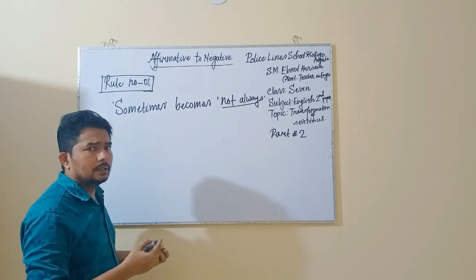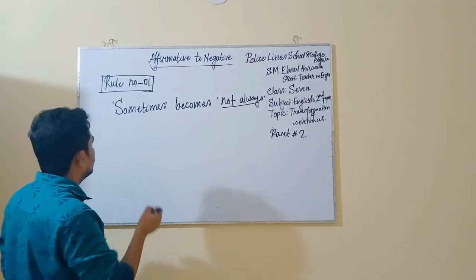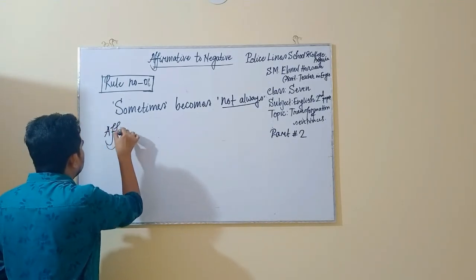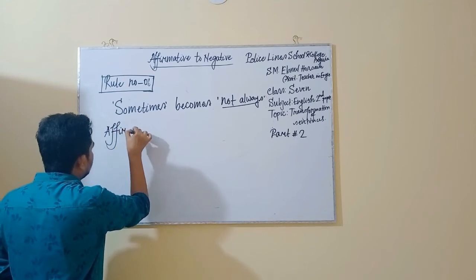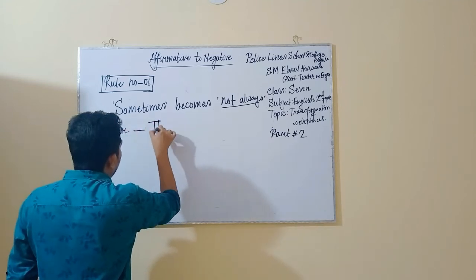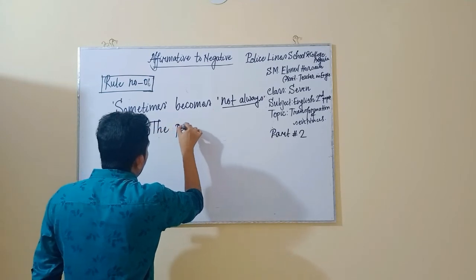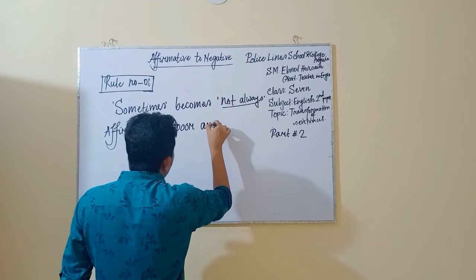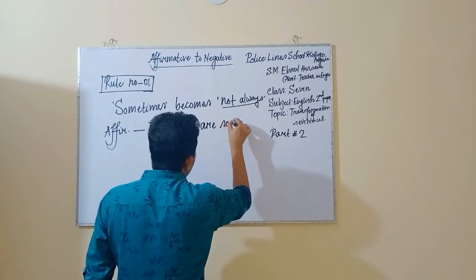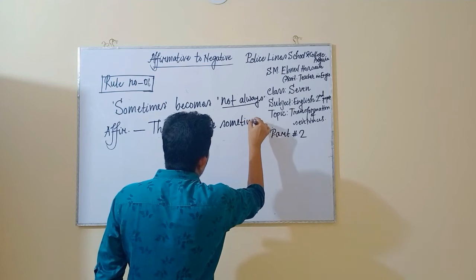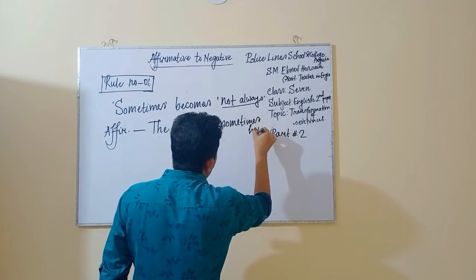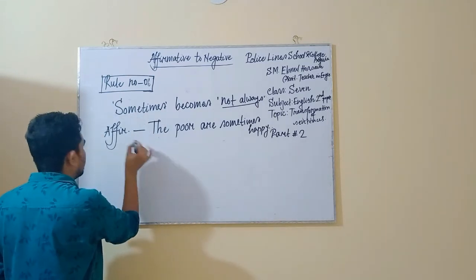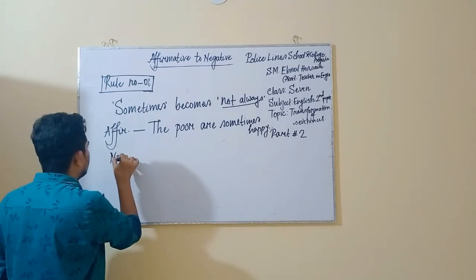Now let's have a look at the example on the board. Affirmative sentence: The poor are sometimes happy. Then we can change this affirmative sentence into a negative sentence this way.